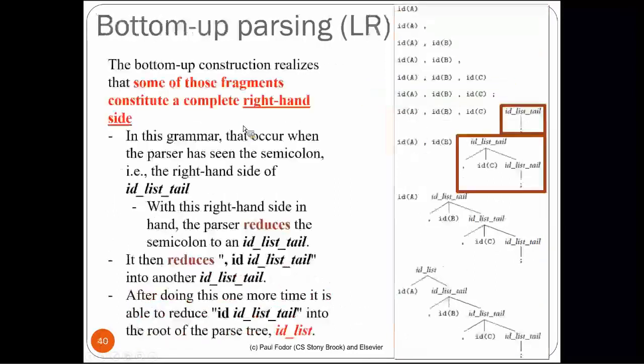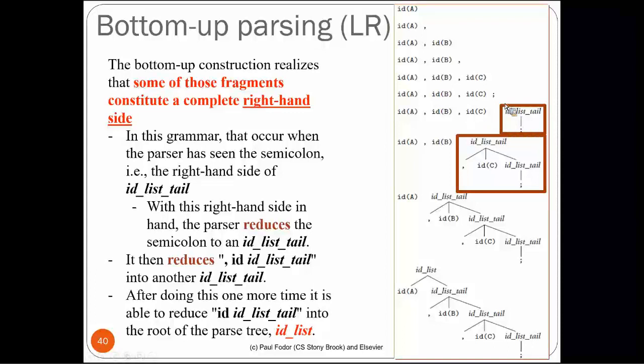So it will identify the fact that semicolon occurs on the right-hand side of ID list tail, and with this right-hand side it basically reduces the semicolon into an ID list tail. So we build this basically subtree that an ID list tail is a semicolon.